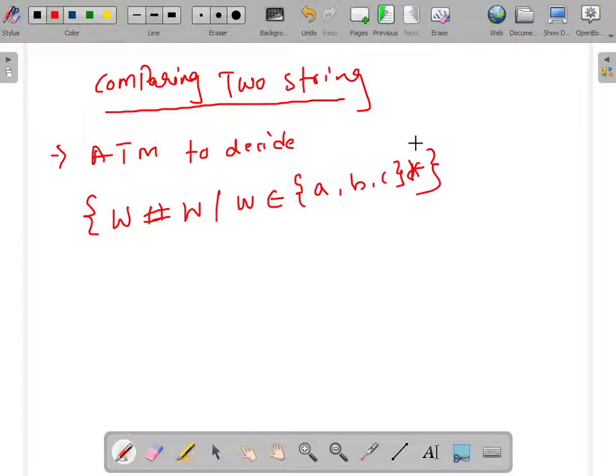So in this, what is this W? This W is the first half, and this is the second half. And this is the midpoint of the string.